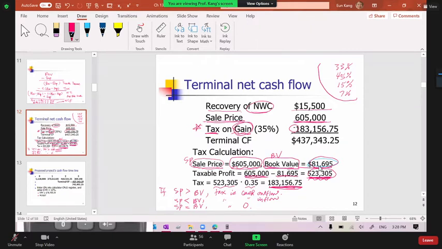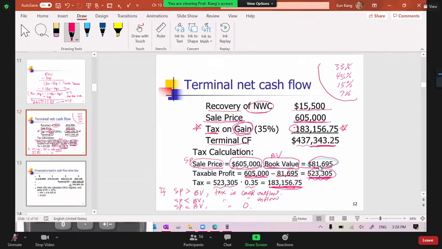If the sale price and book value are the same, no tax. So this part is the most important. This is where many people miss. Then terminal cash flow is the sum of net working capital recovery, sale price, and tax. Then you have 437,343.